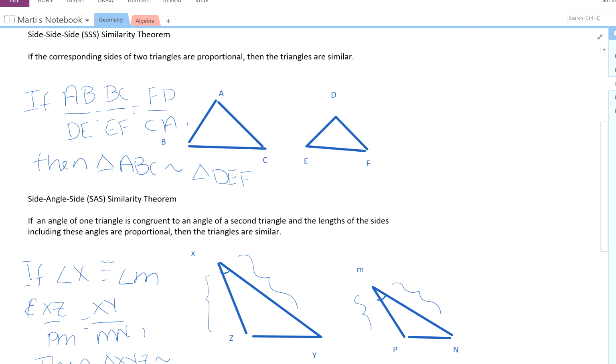So keep in mind that the angle has to be between the two proportional sides.